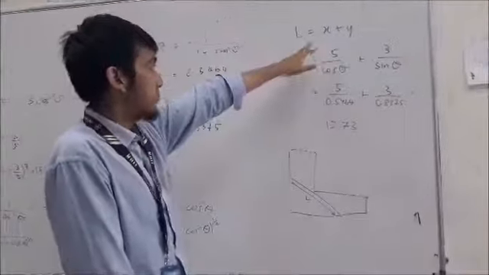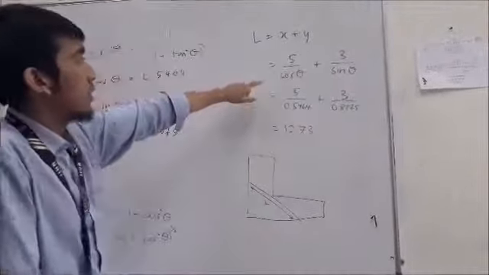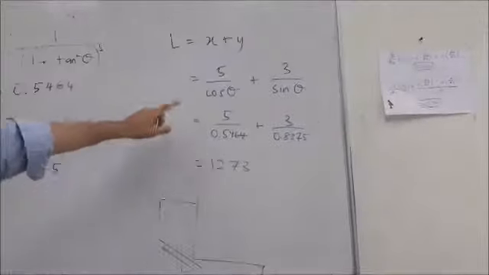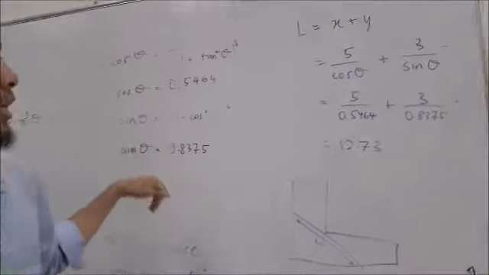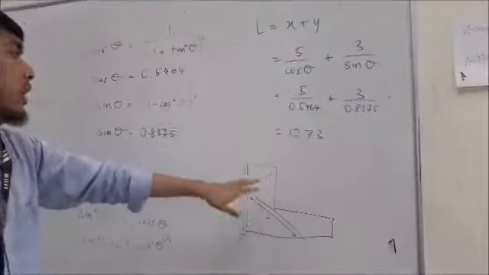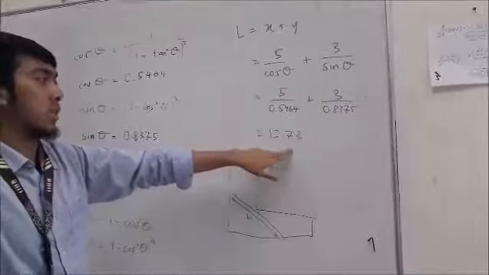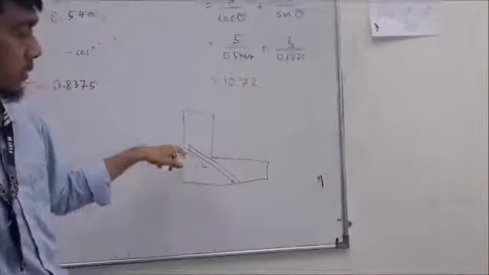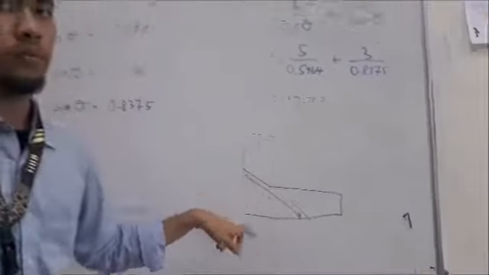So we put back x as 5 over cos theta and y as 3 over sin theta. We put in the values that we got earlier for cos theta and sin theta, and the answer is 12.73. So 12.73 is the L that we get from y plus x earlier.